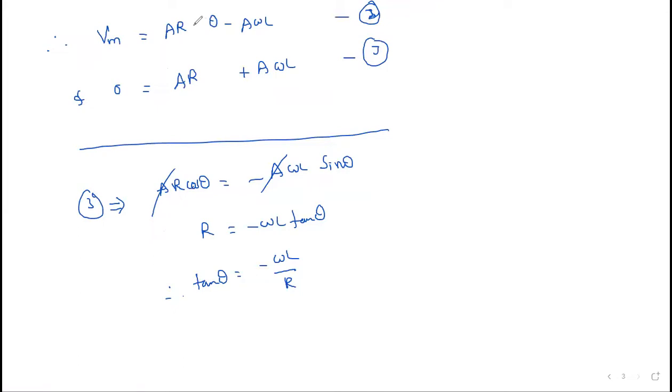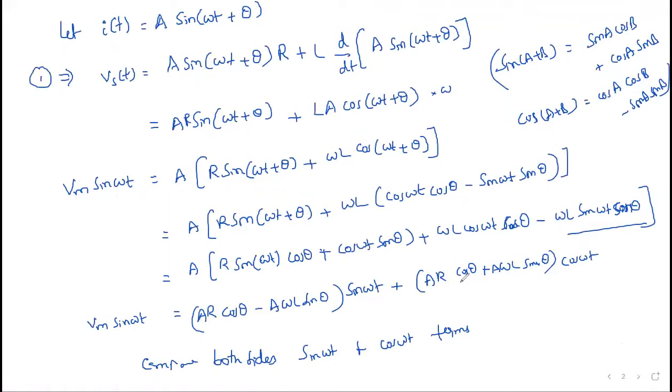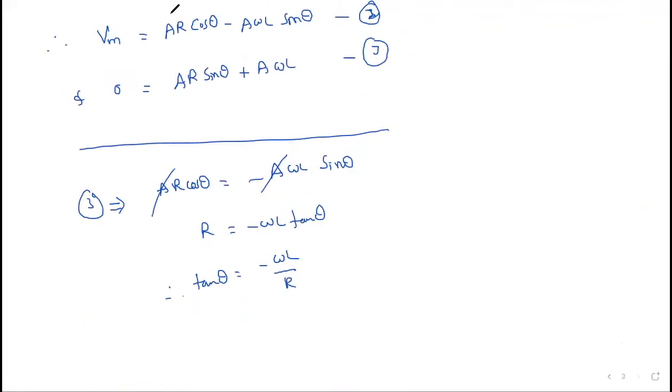AR into cos theta minus A omega L into sin theta. AR sin theta or cos theta? It is AR cos theta only. It is cos theta.